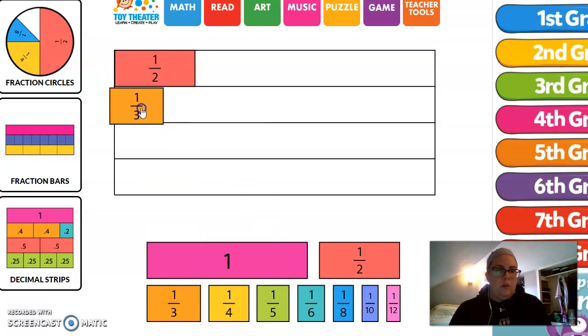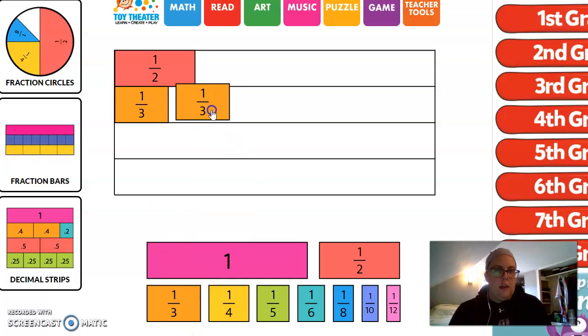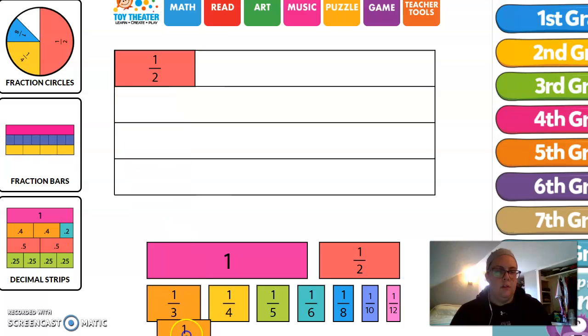If you had trialed and errored it, you would notice that thirds don't work. 1/3 is not enough. 2/3 is too big. So there's no equivalent fraction in terms of thirds. Alright, but quarters do work. There's 2/4. Let's try fifths.